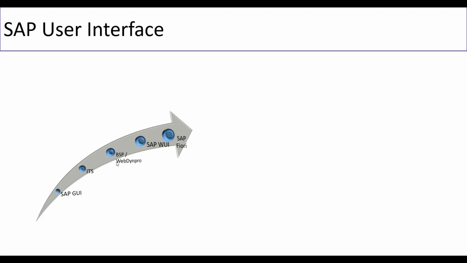Then yeah, we heard about Web Dynpro. Because of the limitations of the ITS, because of the user interface, they moved to BSP and Web Dynpro. I'm not sure which one came first, but within my career, I have seen both traveling parallelly. I heard buzz very initially that BSP is going to evolve a lot more than Web Dynpro.